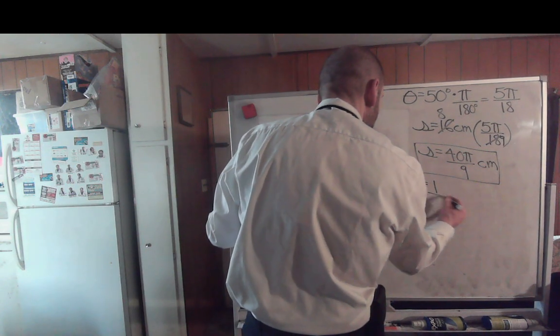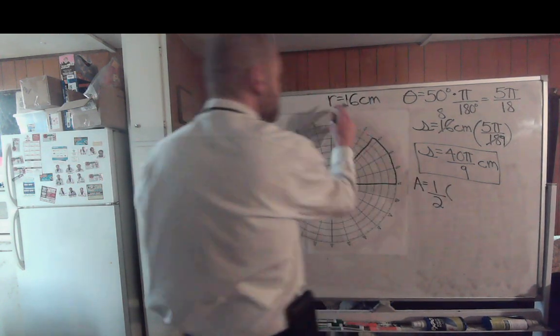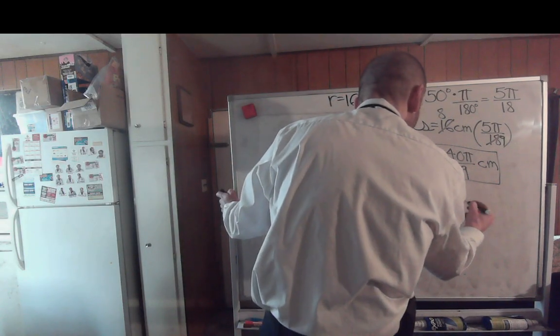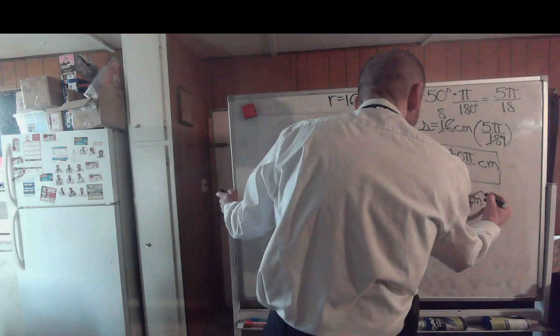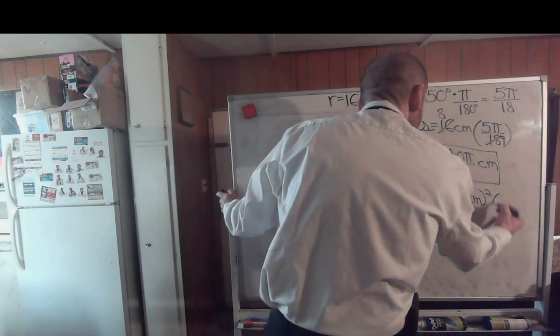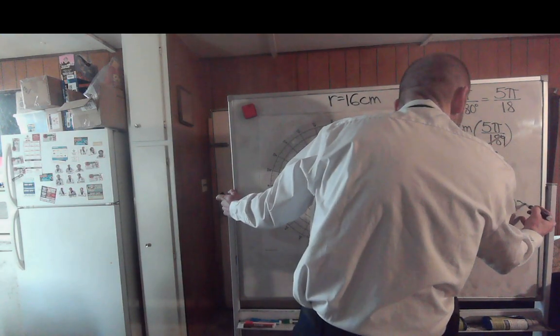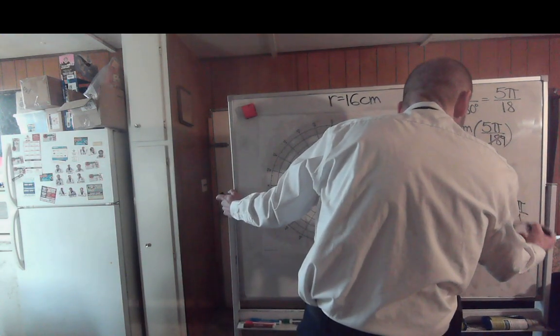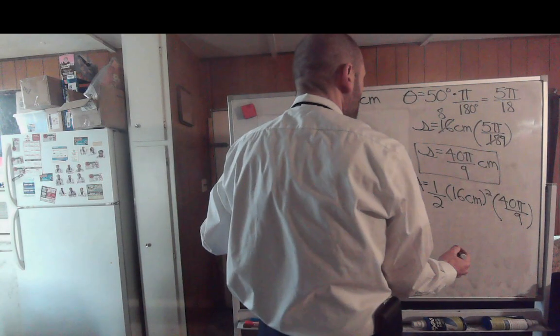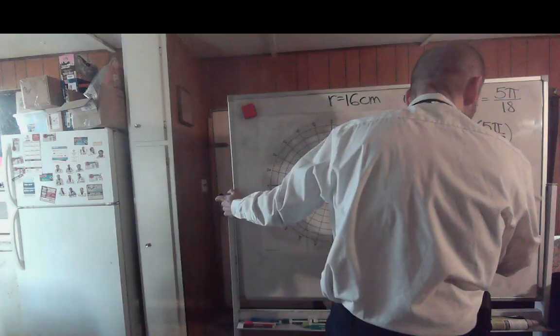Area equals 1/2 of that radius of 16 centimeters, which is squared, times that theta of 40 pi over 9. No, wait, that's 5 pi over 9.